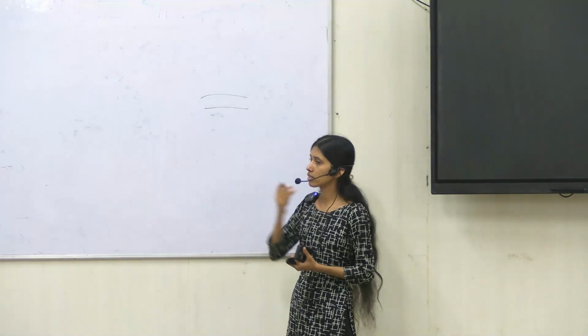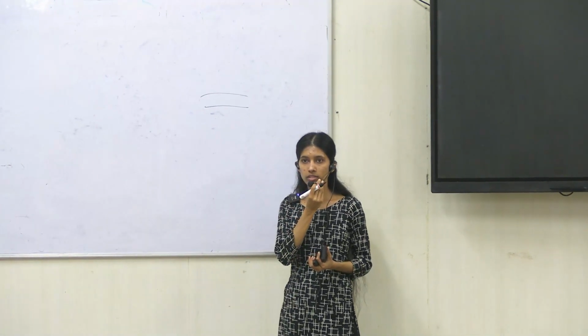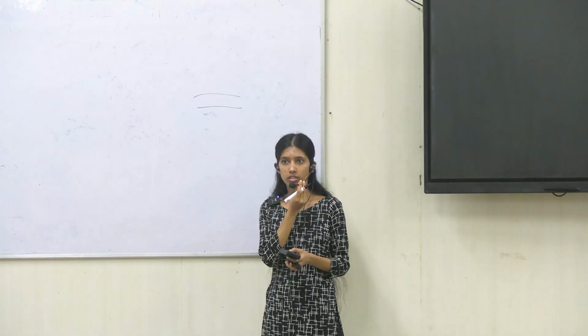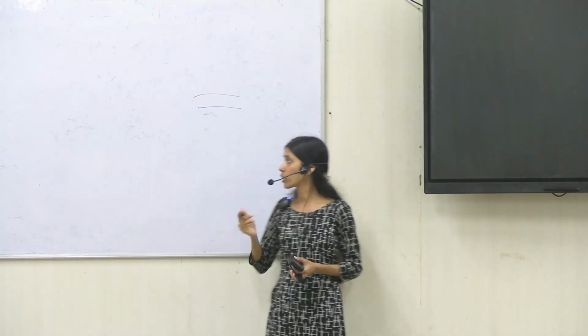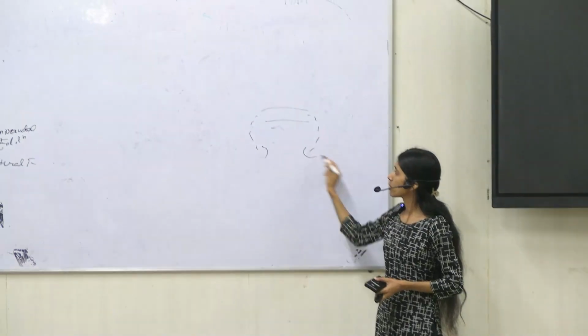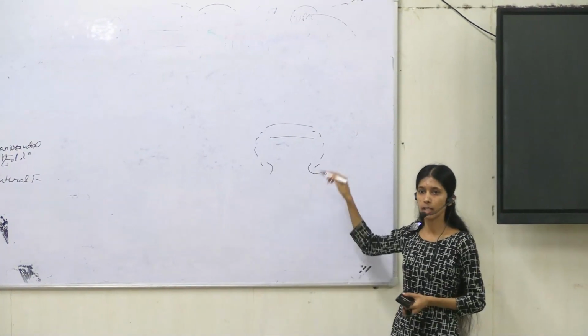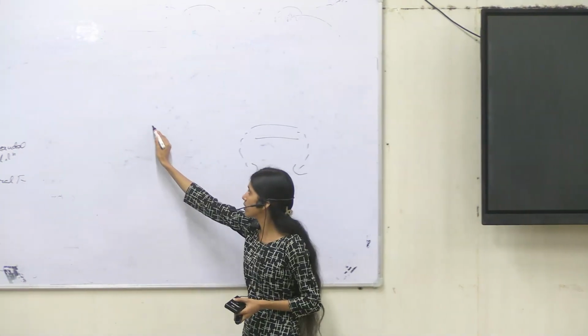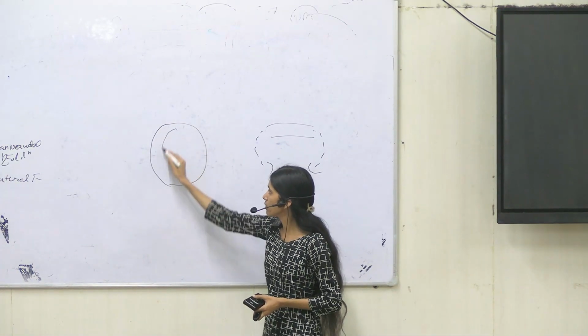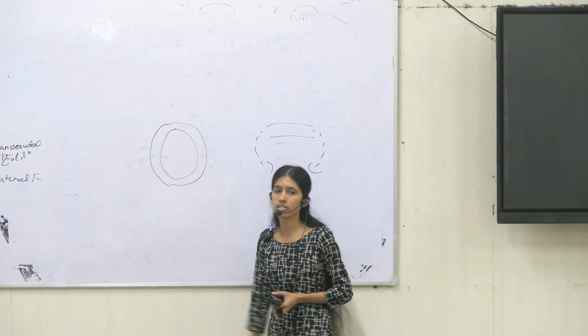Once the folding starts taking place, your embryo will start folding in the downward direction. As a result, the lateral folding will appear in a circle form.